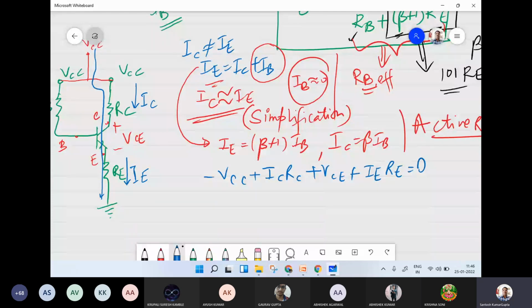Now, from this, our ultimate goal is to find this VCE. So VCE will be equal to VCC minus IC times RC minus IE times RE.